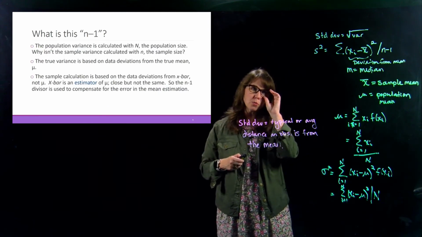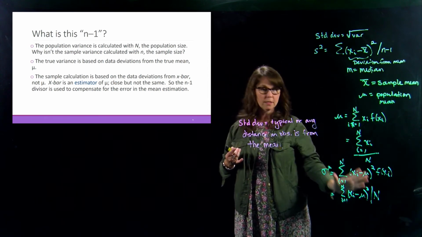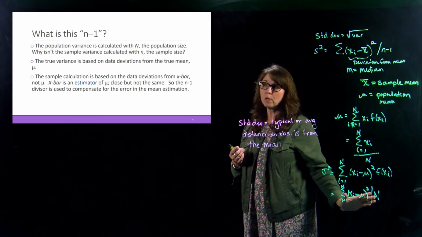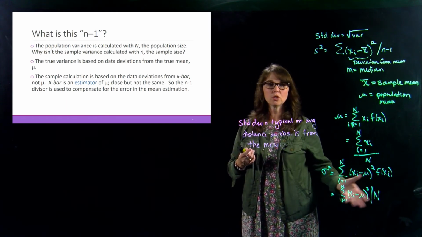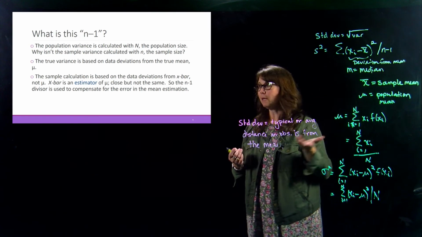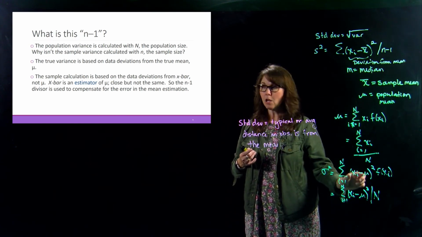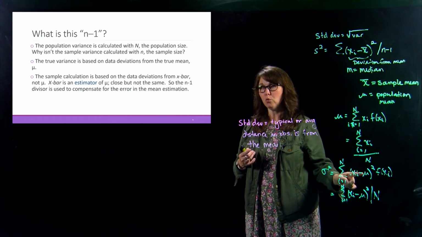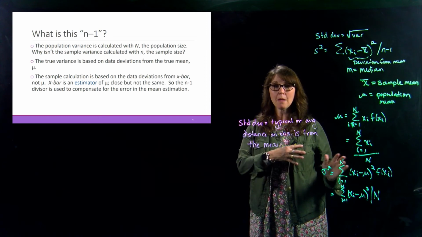Okay, so what's with that n minus 1? So the population variance that we have down here is calculated with capital N, which is the population size. And so the question is, why are we not dividing up here by n minus 1? Well, the true variance is based on subtracting off mu, which is our true population mean. There's no estimation that goes on with population values.